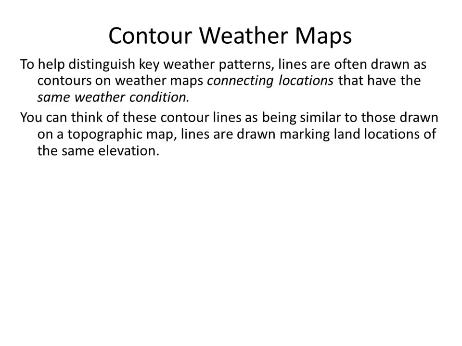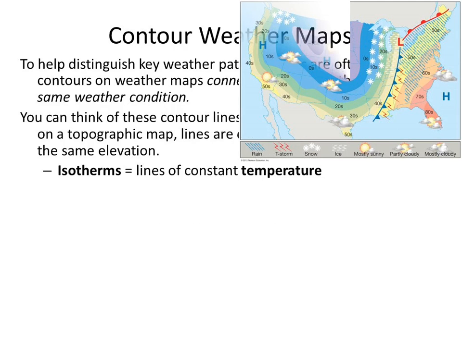Those contour lines are very similar to what we do in weather, but a little different. The last term in bold, isopleths: the isopleth is the generic of the other 3 I'm going to show you. Isotherms are contour lines that connect locations with the same temperature.